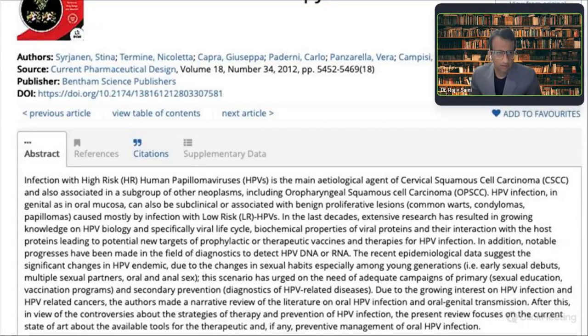So there are a lot of concerns that oral HPV is primarily associated with sexual transmission, and oral sexual contact is the number one leading way of its transmission. And there's a lot of scientific research and data that supports this evidence.